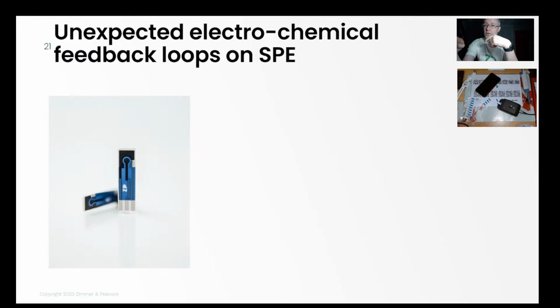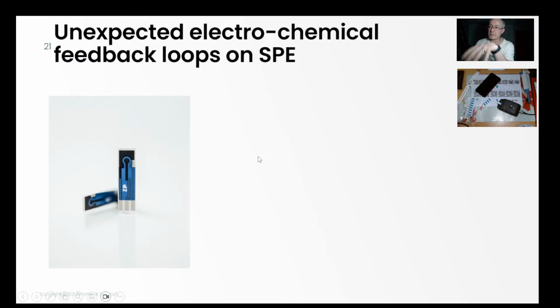When the screen printed electrodes don't go right, the first people to know at ZP is ZP. So you don't come back and tell me that the screen printed electrodes are not working right, because if they weren't working right, we would have known months before you ever got anywhere near them. They wouldn't have been able to leave the factory, because we would have failed them for our own internal usage. Anyway, that's a business feedback loop.